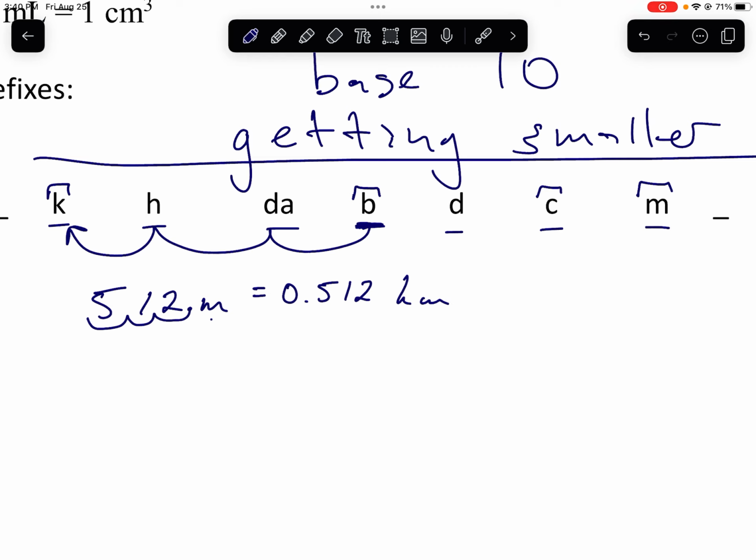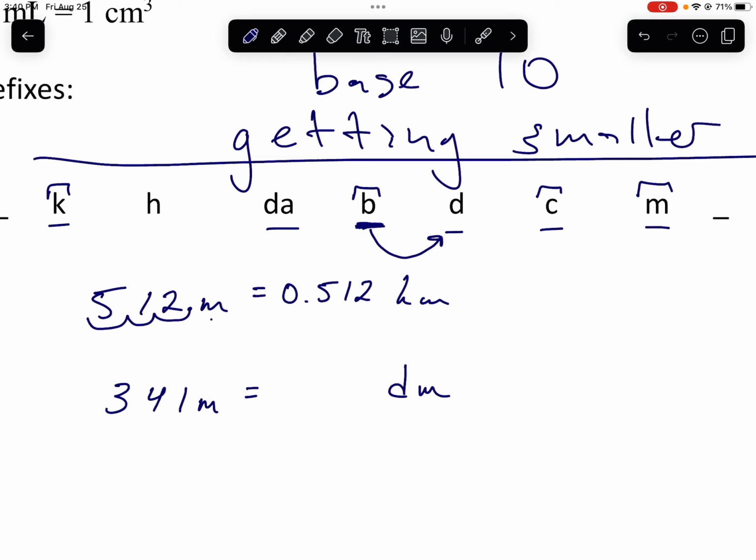Likewise, if I take 341 meters and convert it into decimeters, decimeters are smaller than meters, so I'm going to go to the right, and only one spot.